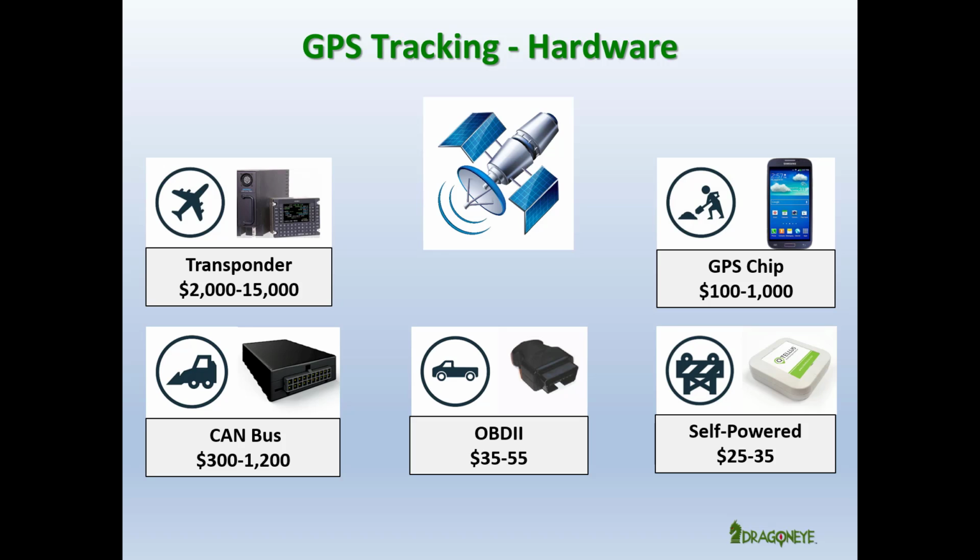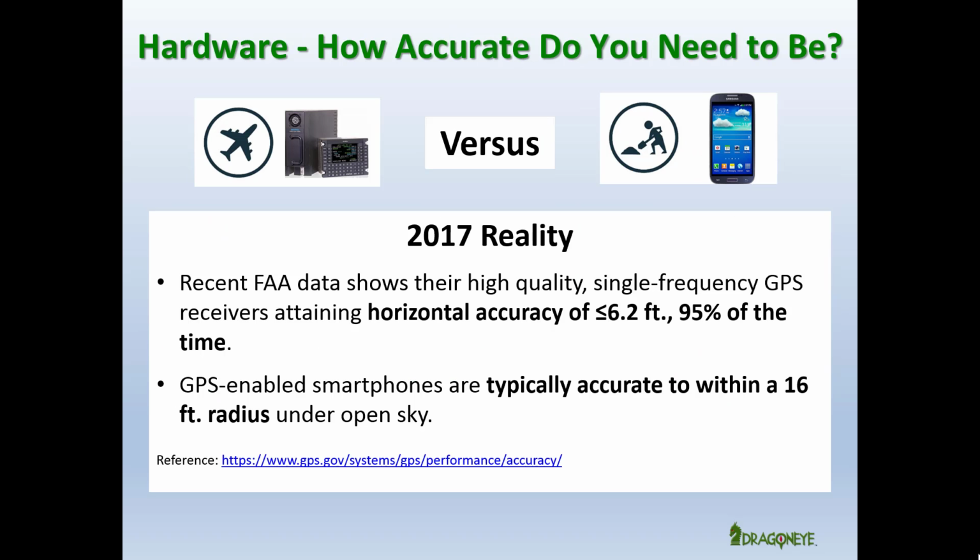The accuracy of these chips can be extremely good. Studies conducted by the FAA in 2017 determined that high-quality GPS aviation systems were accurate to less than 6.2 feet, while smartphones compared favorably at under 16 feet.